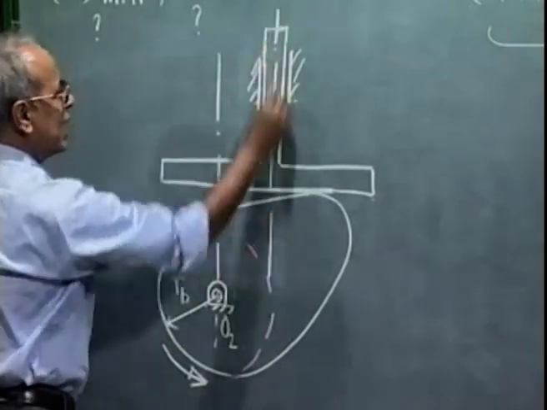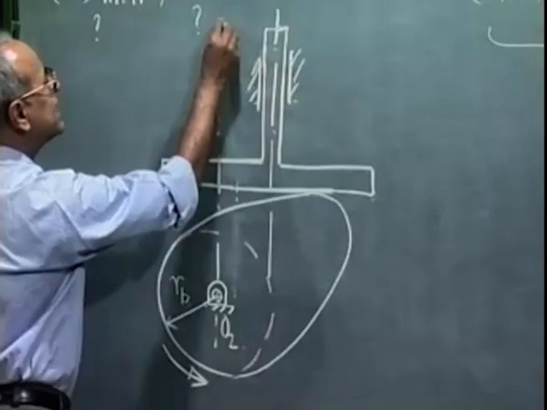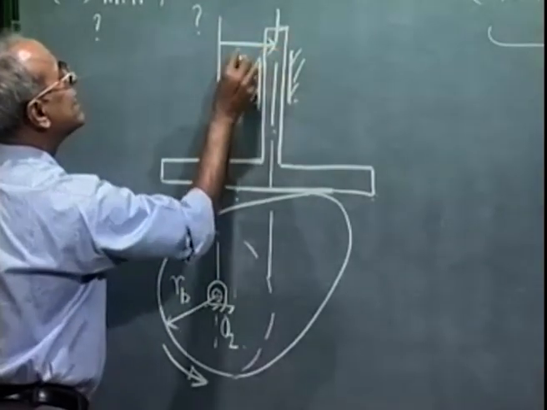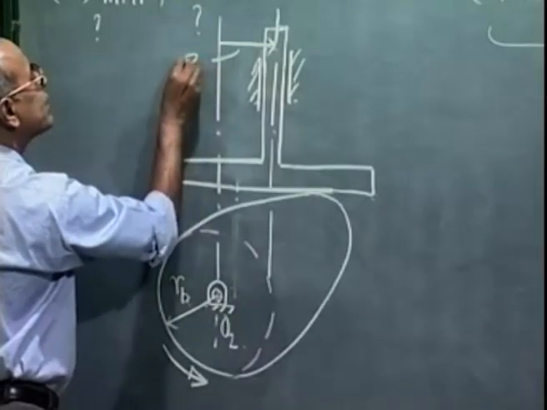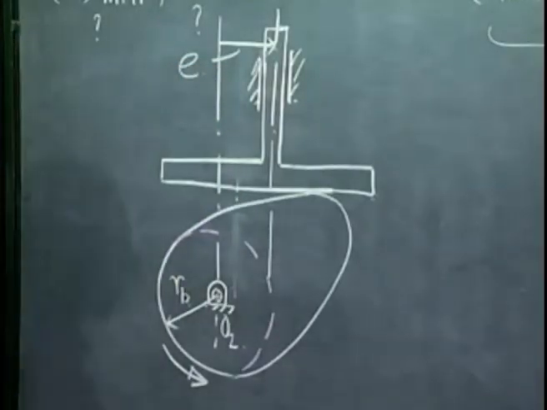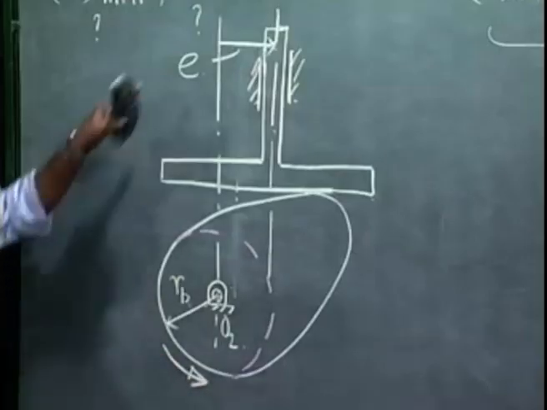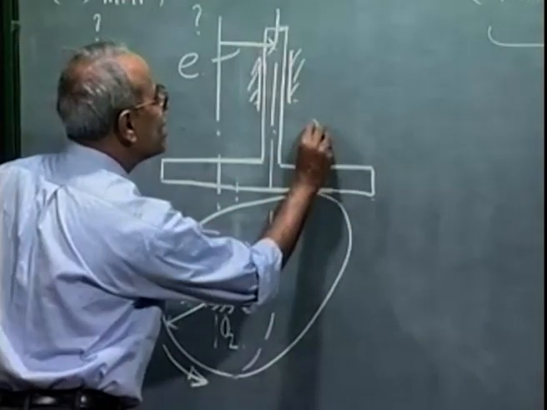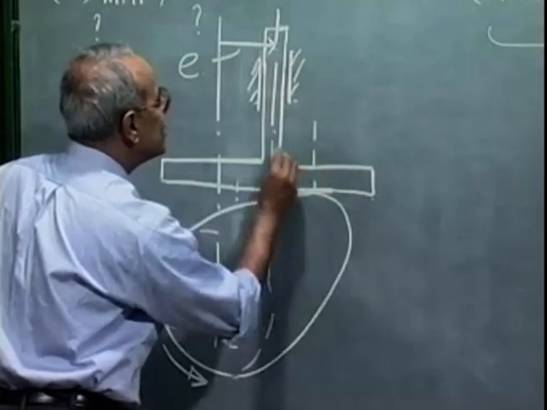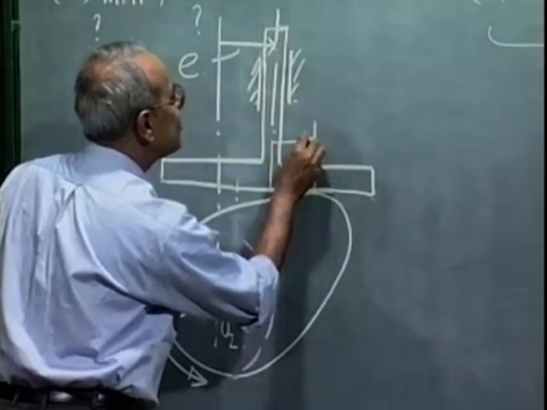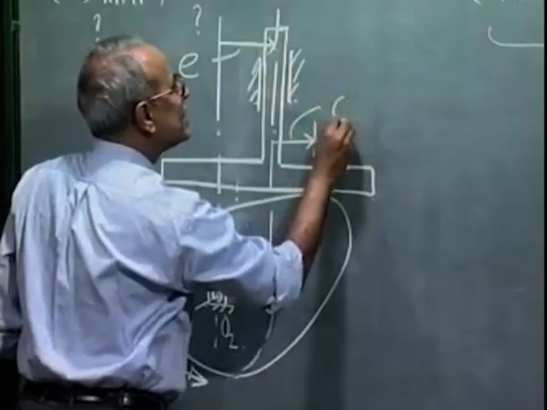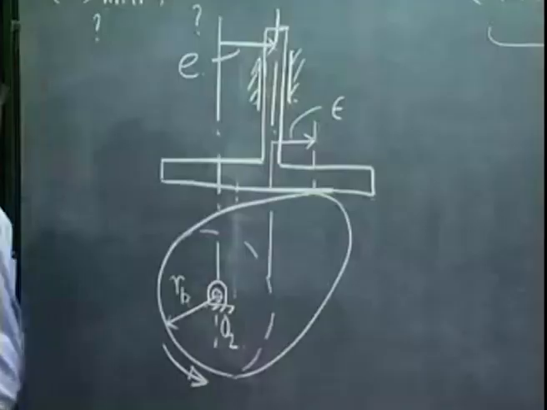This is the follower axis along which the follower translates, and this distance is called the offset in the positive direction for this rotation of the cam, and that is E. And this is the contact point. So the distance of the contact point from the guide axis, this is the eccentricity of the driving effort, epsilon.